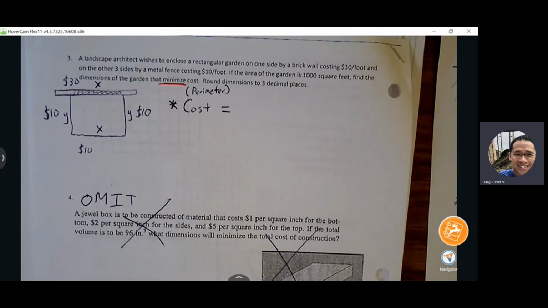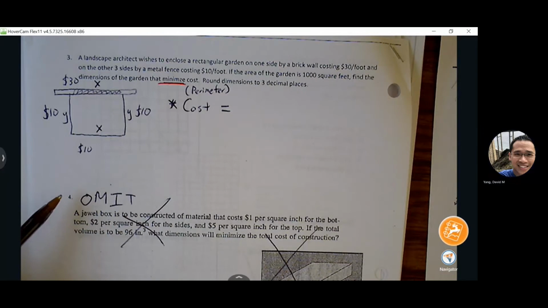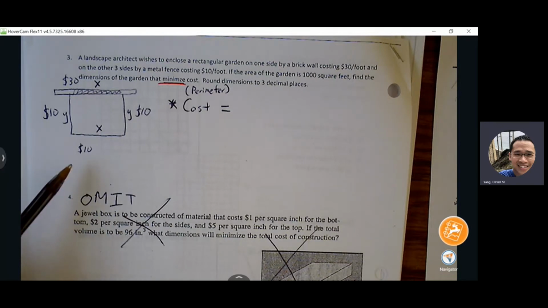Okay, what's our cost equation? What do you guys see?